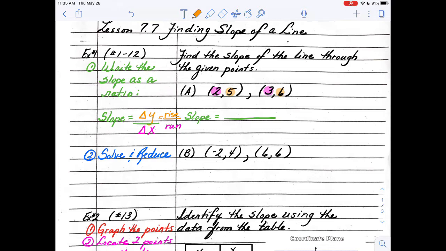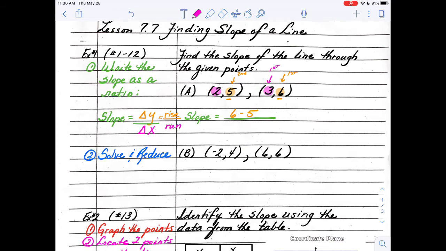So we're going to go ahead and subtract our 2 y values. So I'm going to take my second one, and I'm going to subtract my first one. Now, since I started with this first, and then I subtracted this one as my second value, you have to make sure when you do the run, to find the change in x, you keep it in the same order.